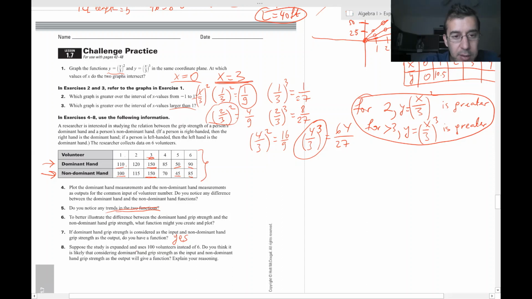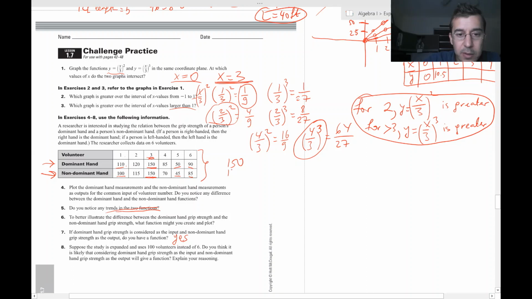I would say hardly, because if you have 100 volunteers, I would bet there is another volunteer, another person that, let's say, has the 150 strength for the dominant hand, but his or her non-dominant hand strength will not be 150, it will be, actually it's not going to be greater, but let's say it's going to be less.